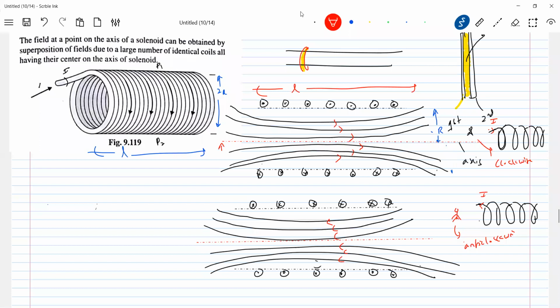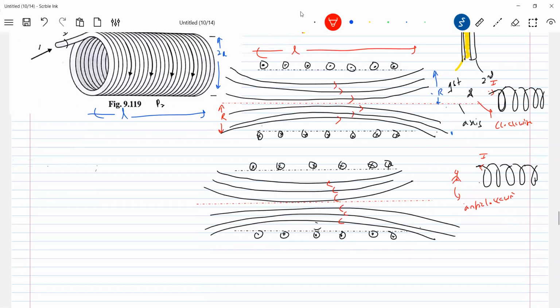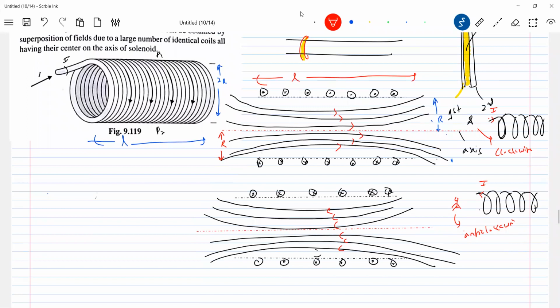I'll write it here. Now, shall we assume that it's made up of rings? And for this solenoid, what is very important? Number of turns. Let n be the number of turns, and it has a length. So I'll define a quantity called number of turns per unit length. What should this be equal to?